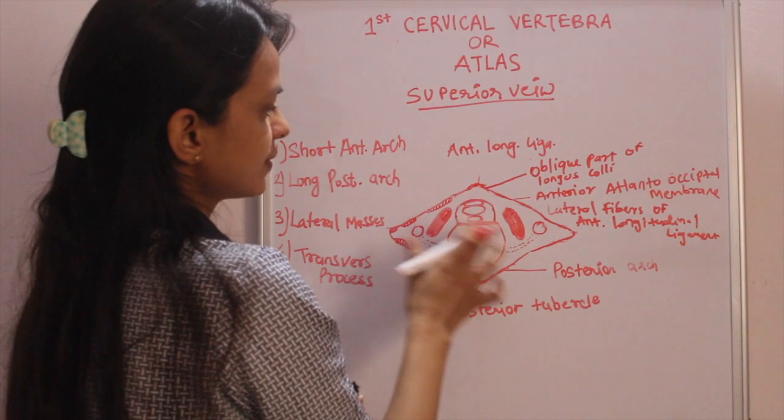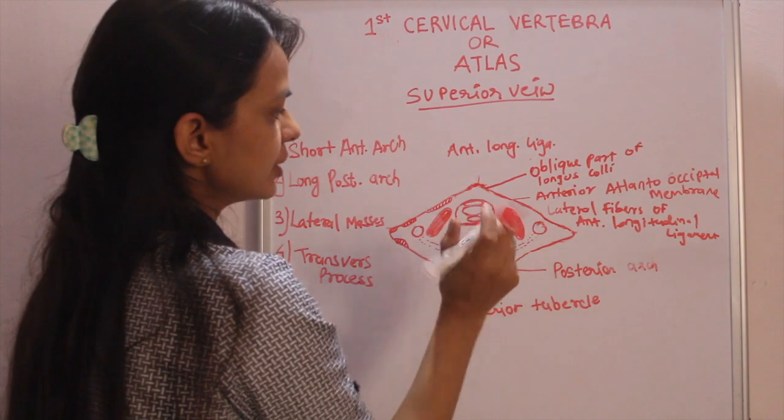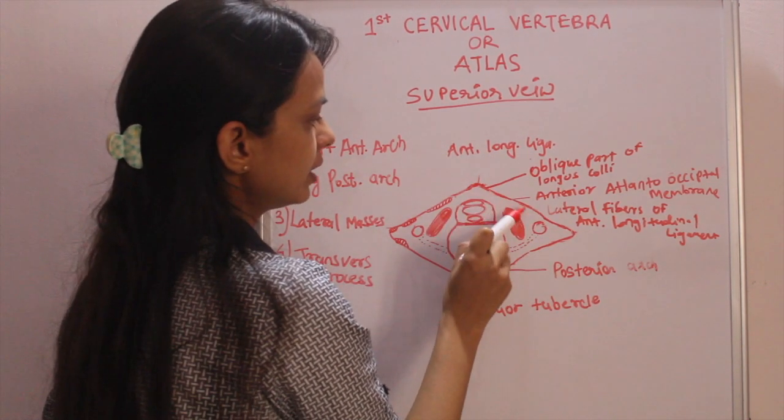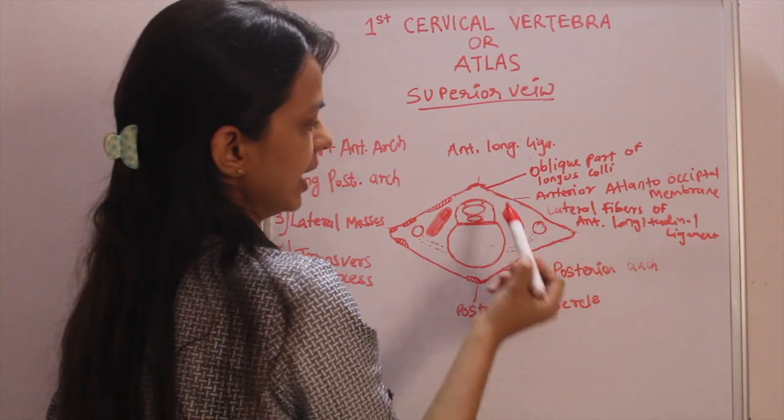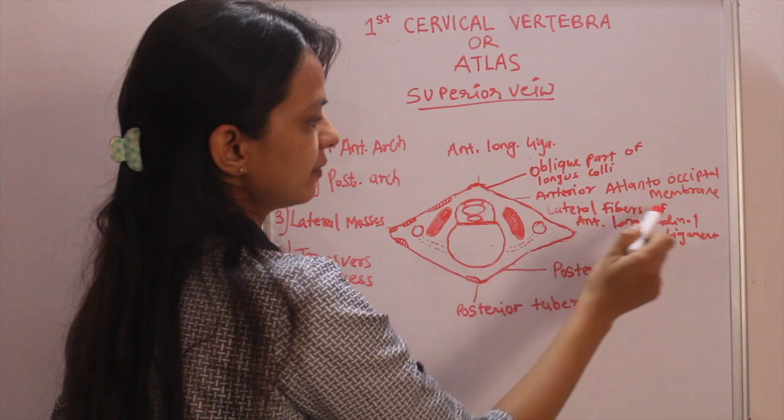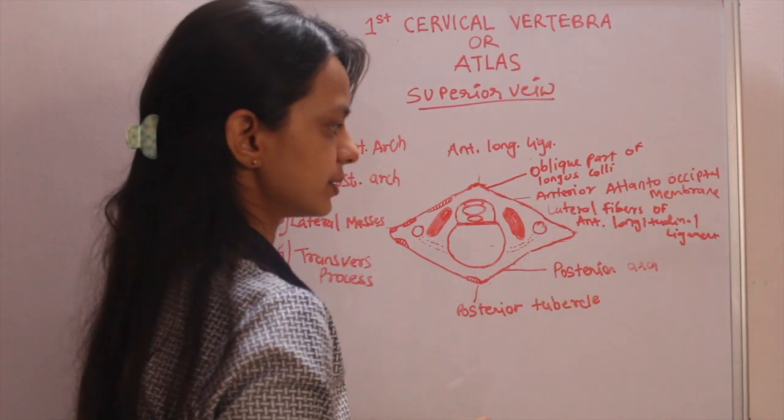In this superior view we can't see the lower border of the anterior arch, but at the upper border there is the anterior atlanto-occipital membrane, and at the lower border the lateral fibers of the anterior longitudinal ligament.